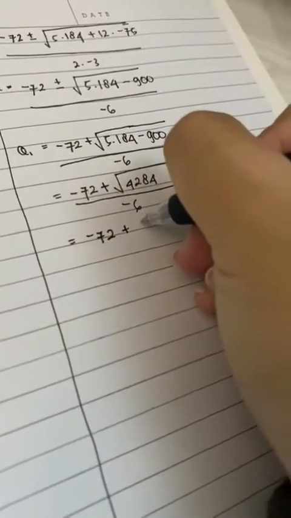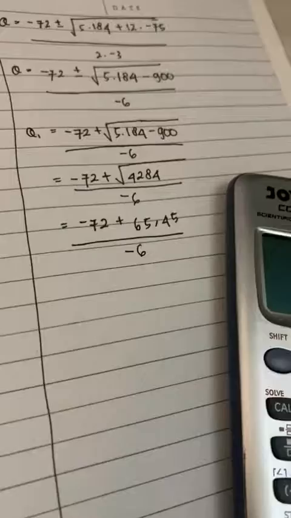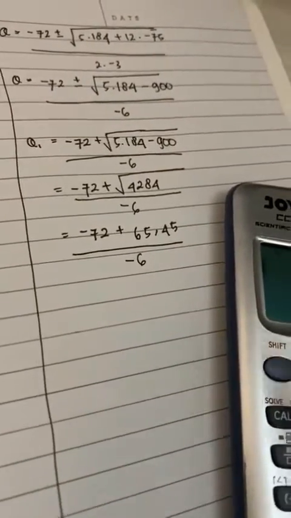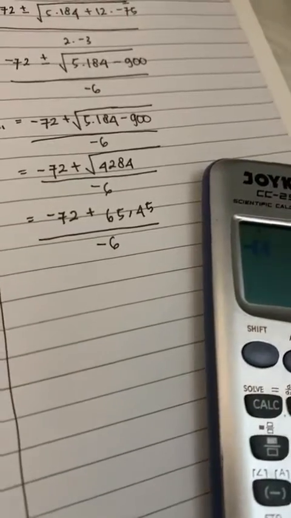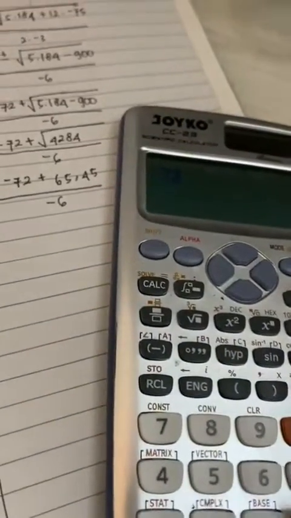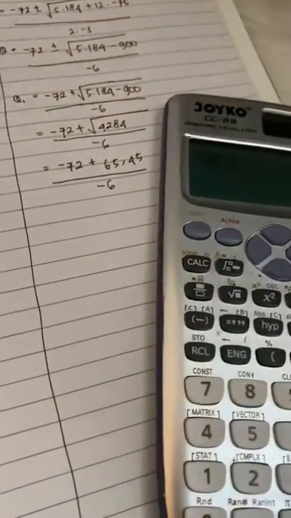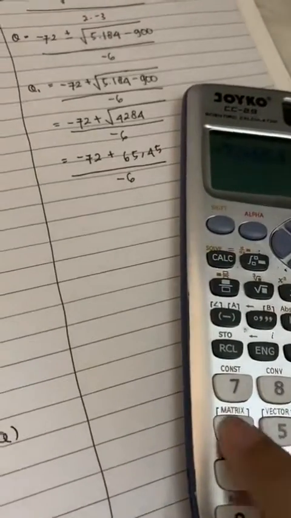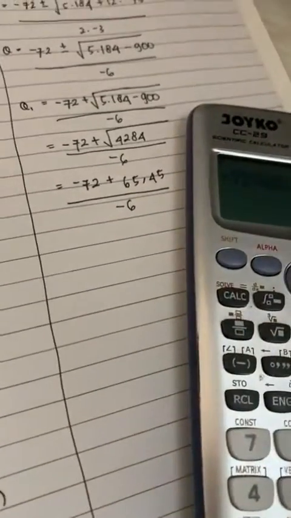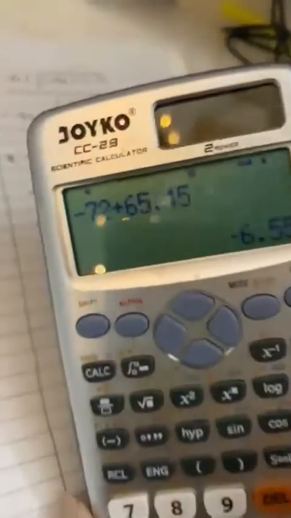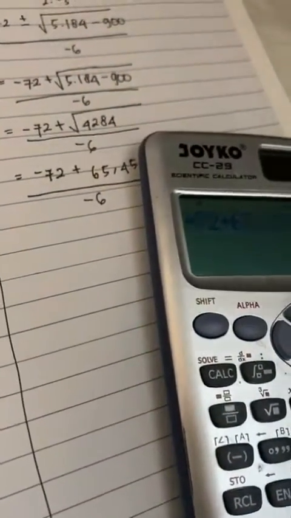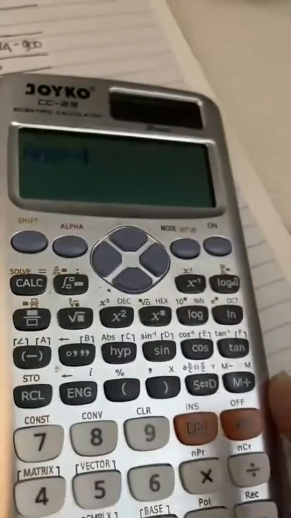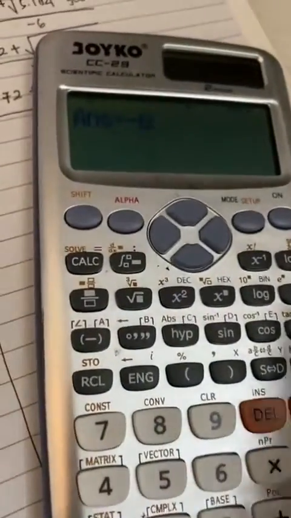So plus 65. We calculate the rest: minus 72 plus 65.45 is minus 6.55, and then we divide it by minus 6.